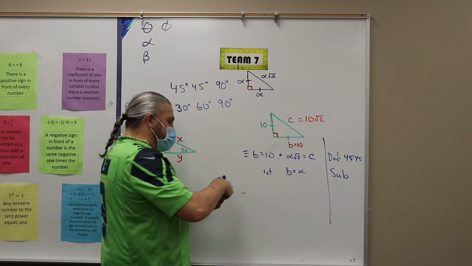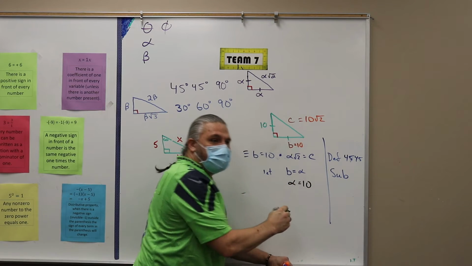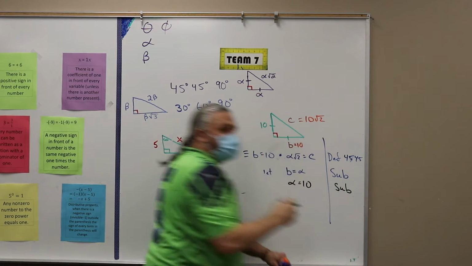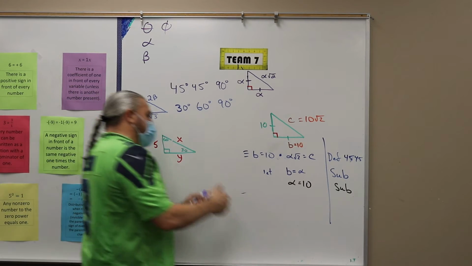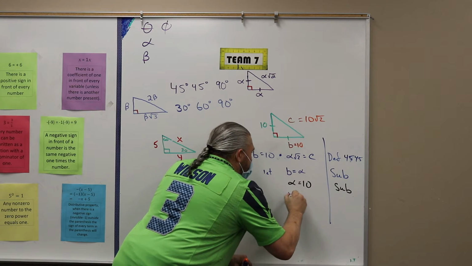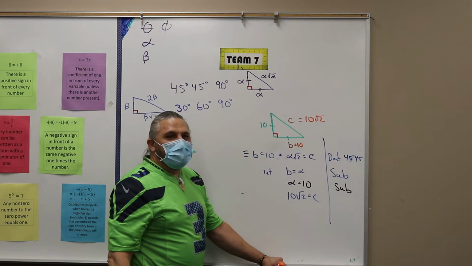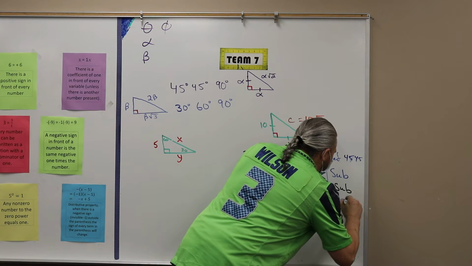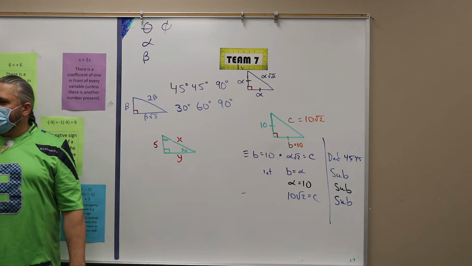If b is equal to 10, then alpha equals 10. Substitution. Well, then it's 10 square root 2 equals c, substitution. We didn't even do any math really here. We just subbed it in. That's how easy it is.